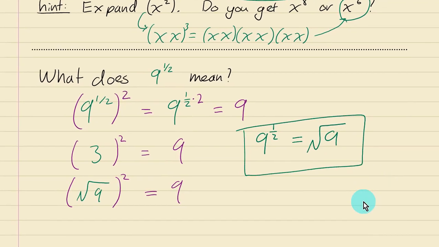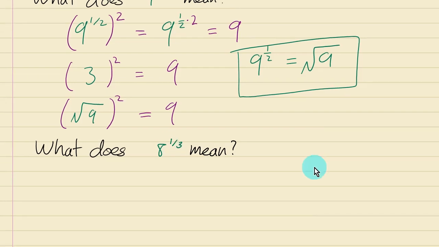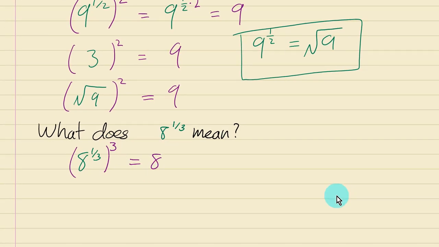What if we have something with a 1/3, let's say? What does 8 to the 1/3 mean? Well, we want 8 to the 1/3, so that all these rules are consistent, to be something you can cube and get 8. Something else you can cube and get 8 is the cube root of 8, which is what I meant to say.